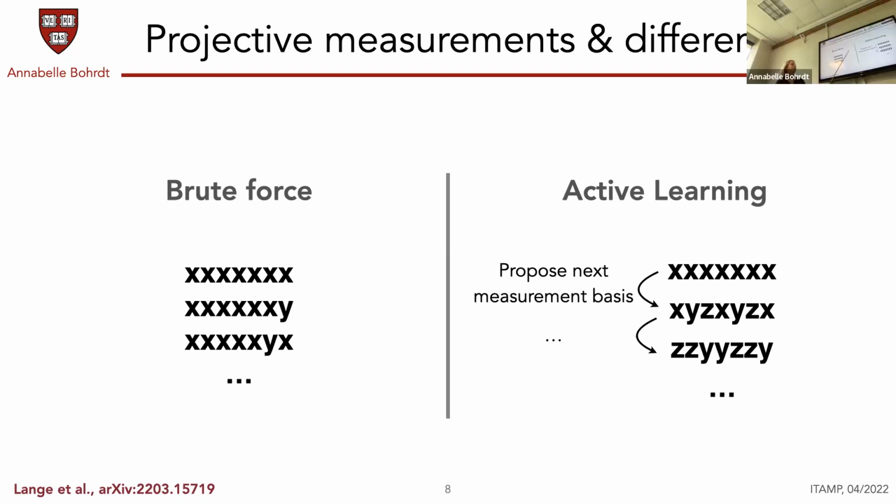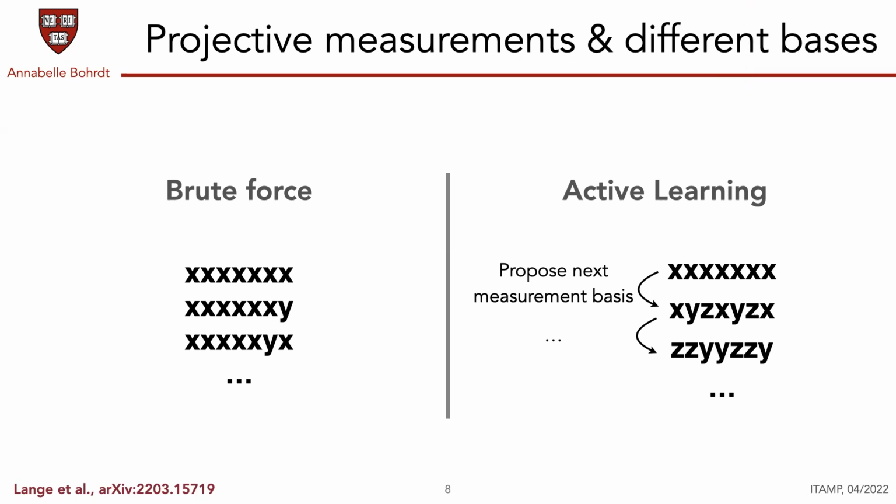Now, the main idea in this talk is to use active learning. So the idea is that you start from some measurement configuration, chosen one way or the other, could be random, so you start from some very small initial data set, and based on the knowledge that you already have about your state from those first initial measurements, you propose which measurement basis you should measure next to have the most information gained.